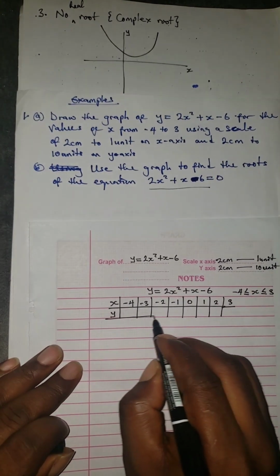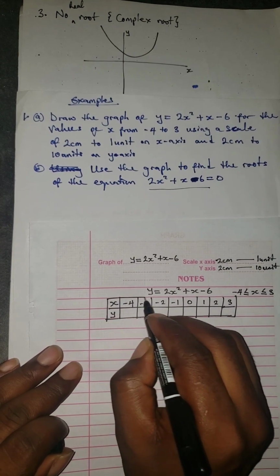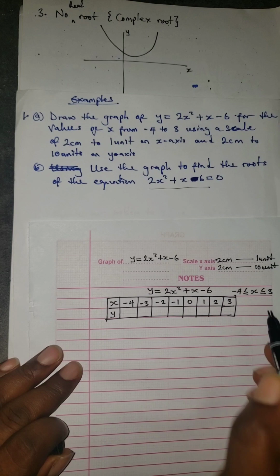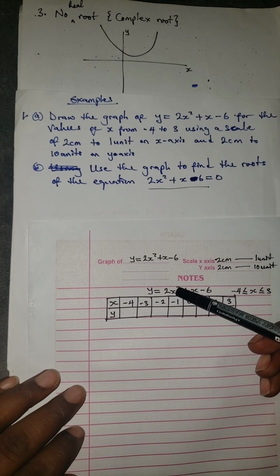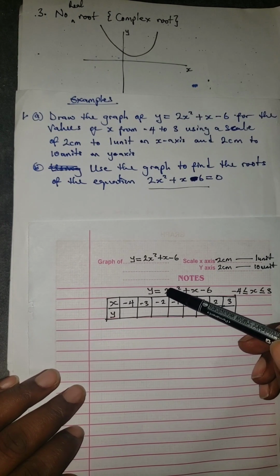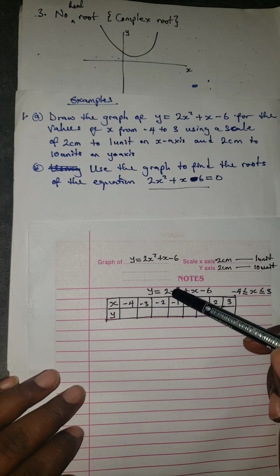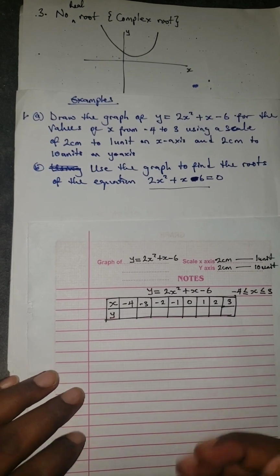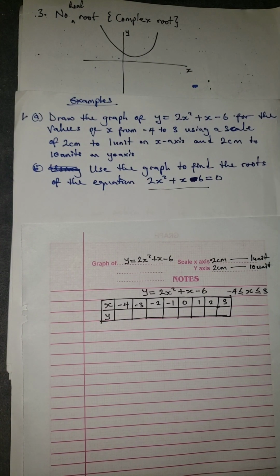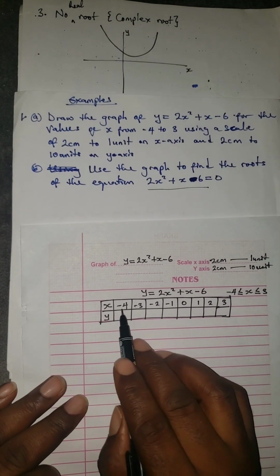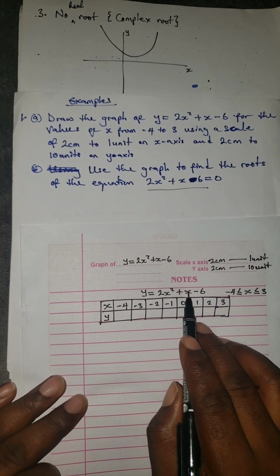We need to find the corresponding values of y at each value of s. What does that mean? It simply means that in this equation here, at each value of s, you replace s with that value. So if I want to find the corresponding value of y, all I need to do is take this -4 and replace it here and also here.